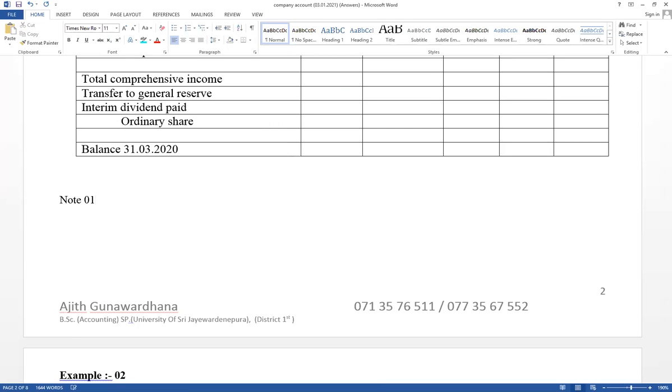Therefore, note number 1, proposed final dividends for ordinary shares is rupees 80 million. Like that, you have to write the note. Cannot be adjusted. This is the way you have to adjust proposed dividends. The note should be written based on LKAS 10, non-adjusting events.